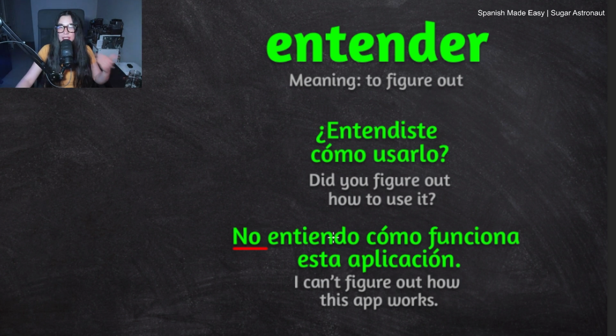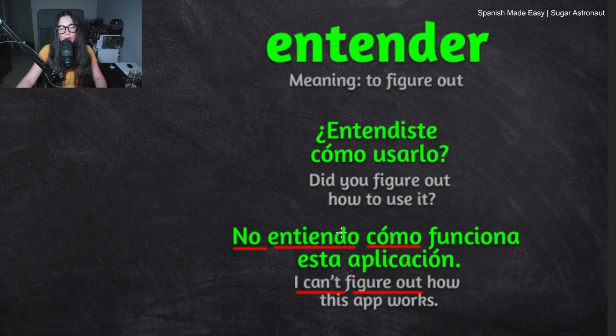Of course, it works with verbs, and there are different situations where you can use no. But when you say no entiendo, it can mean I don't understand, but it is also very similar to saying I can't figure something out. So that's something very interesting. It's very useful to know this.